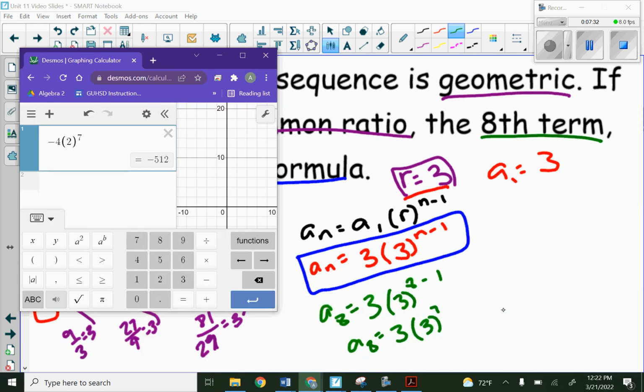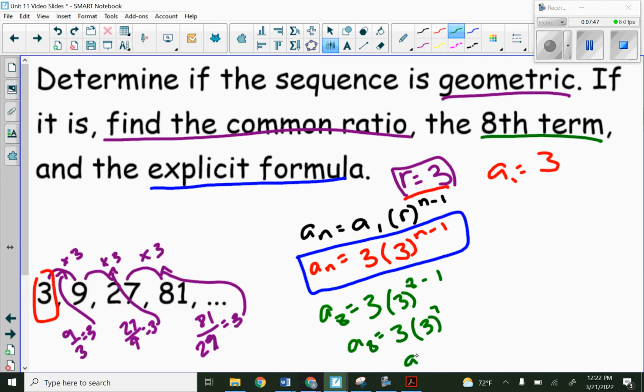We could take that to our Desmos calculator. 3 times 3 to the 7th power. So that's 6,561. It's our 8th term.